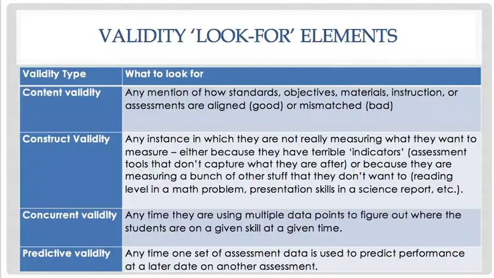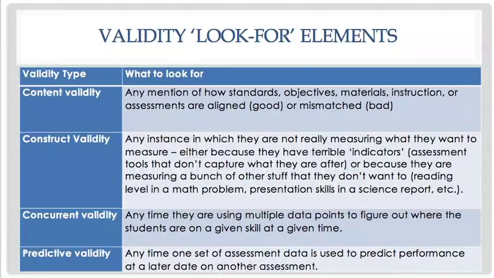Now, the common thing that happens here is that people tend to get content and construct validity a little mixed up. And so the question I typically have is, how could I have high content validity and low construct validity, and vice versa? A case in which I would have high content validity, again, is if I have a math test that is full of word problems. They're all about math. We've practiced them in class and so on.